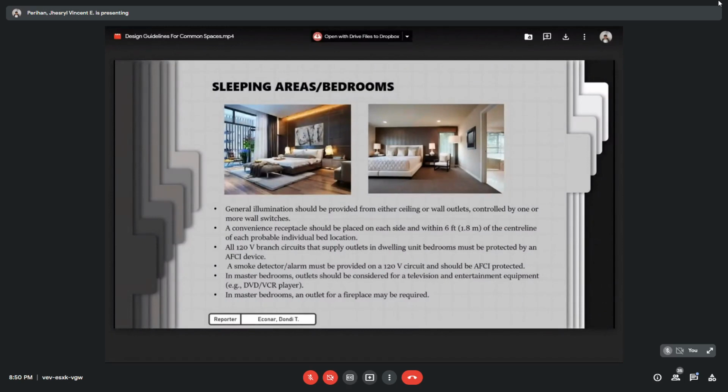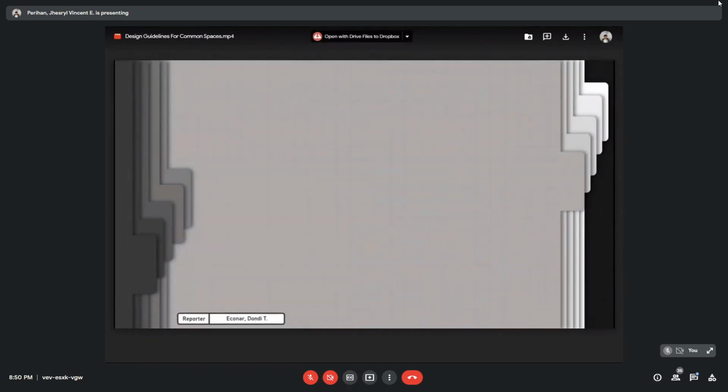All 120-volt branch circuits that supply outlets in dwelling unit bedrooms must be protected by an AFCI device. A smoke detector or alarm must be provided on a 120-volt circuit and should be AFCI protected. In master's bedrooms, outlets should be considered for a television and entertainment equipment such as a DVD or VCR player. And also, an outlet for a fireplace in this area may be required.